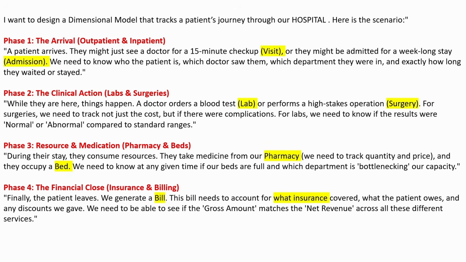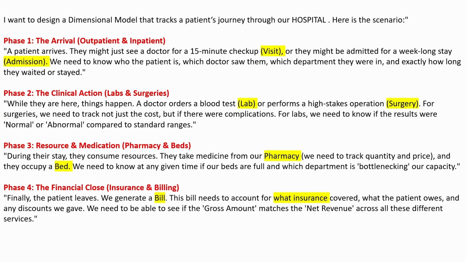Cool. Let's now create a dimensional data model based on hospital data. I had written the requirement here, as you can see on your screen. This is the complete scenario, and I had divided it into four phases. As you know, usually in hospitals, a patient arrives and goes for a checkup with a doctor. For some patients, problems are very serious.